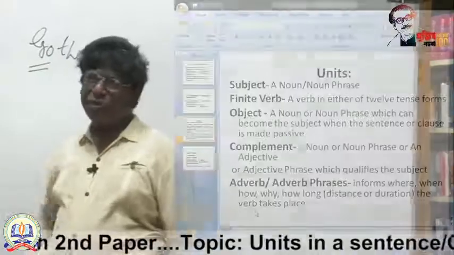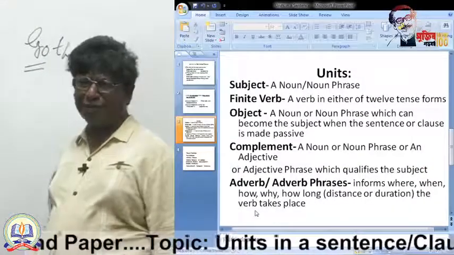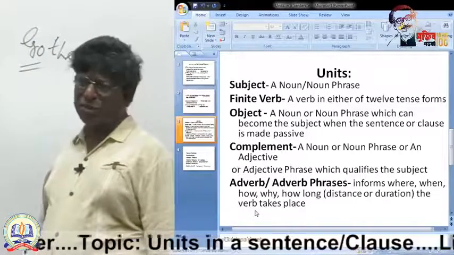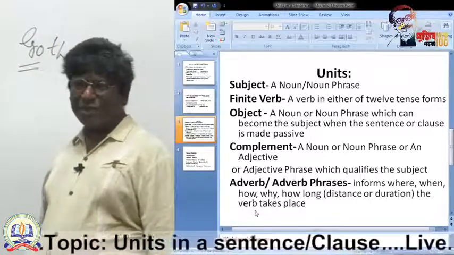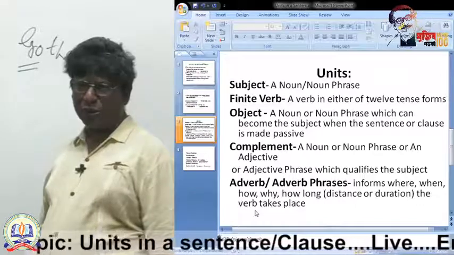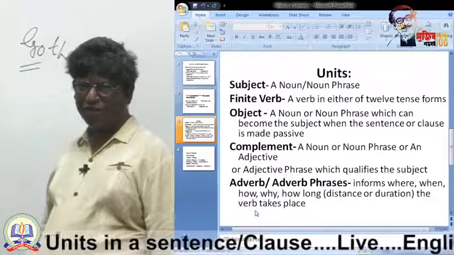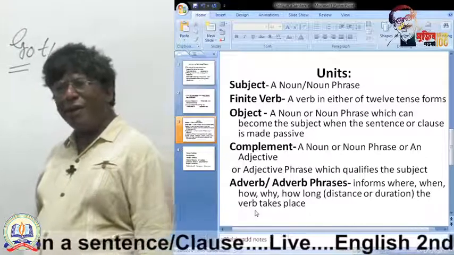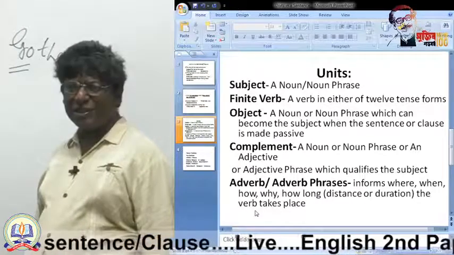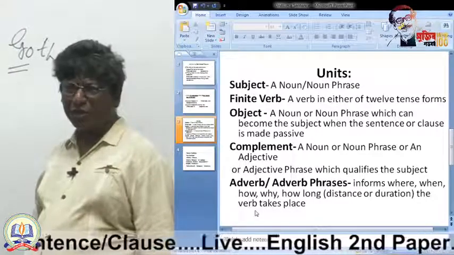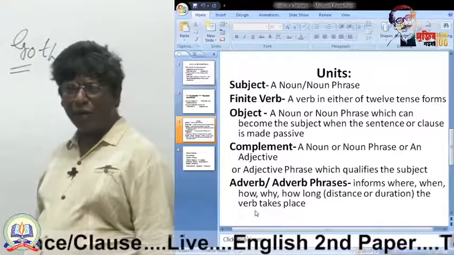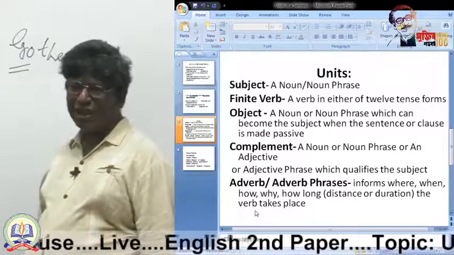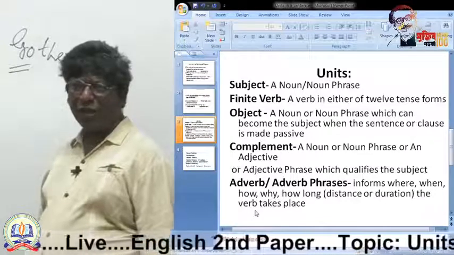The relation between a parts of speech and a phrase is that when a unit is expressed in a single word, we call it a parts of speech, such as noun, adverb, adjective, etc. And when a similar unit is expressed in more than one word, making a single idea, it is called a phrase.